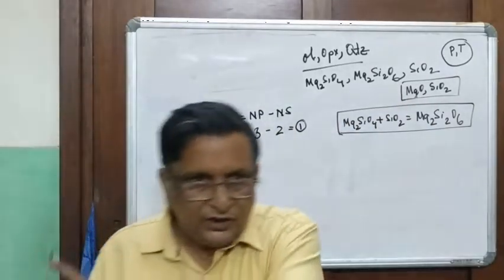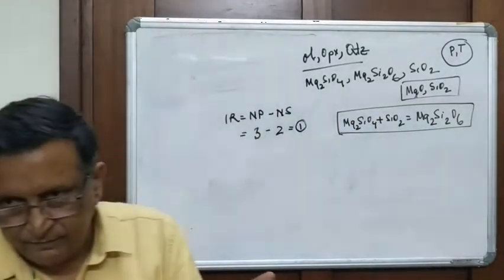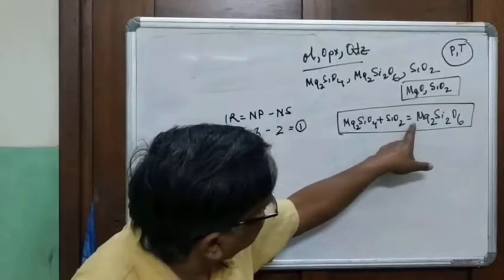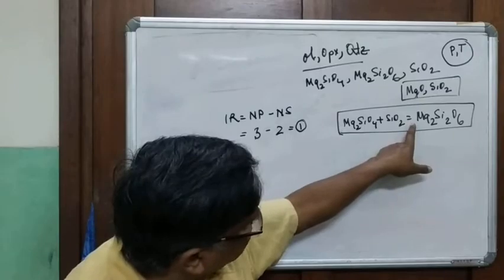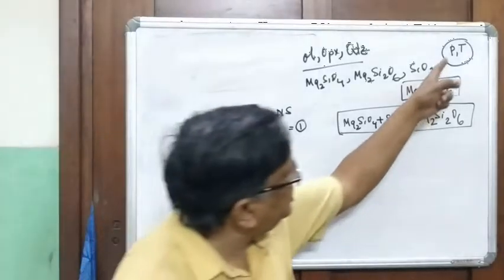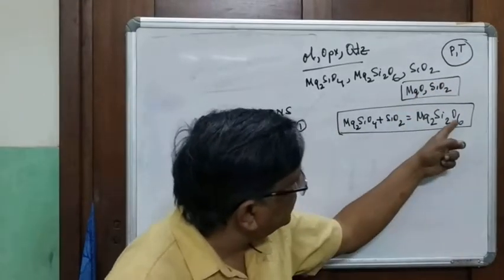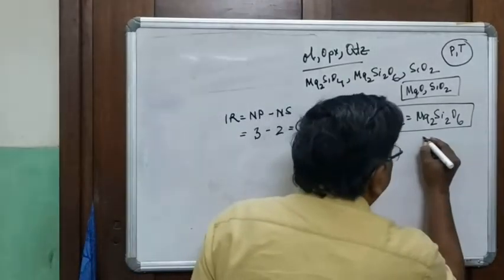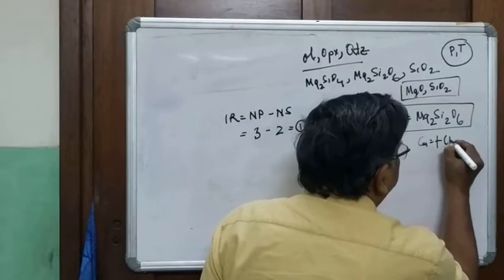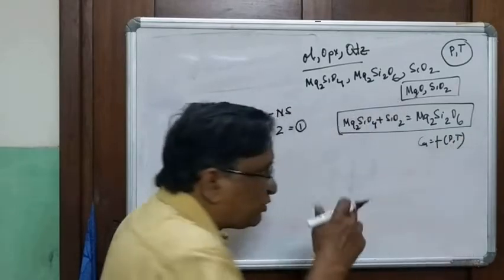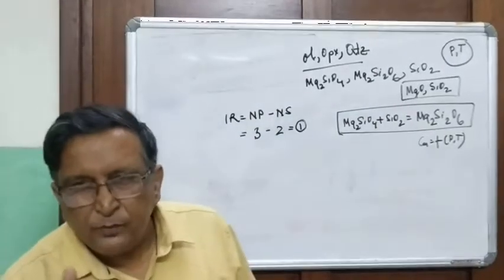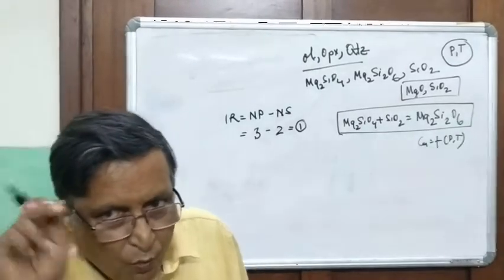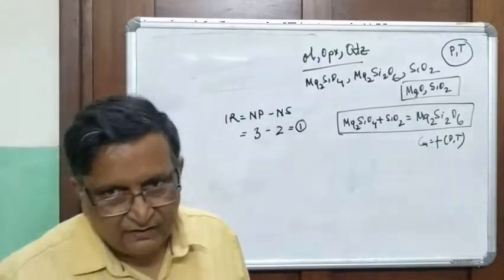From one reaction, you cannot find two variables. If P and T are the variables, this reaction is an equation in P and T, because G is a function of pressure and temperature, but you cannot find both. So it's going to be a univariate system, because one variable needs to be quantified.